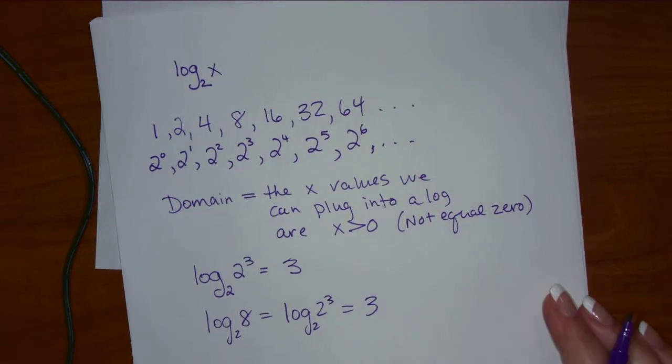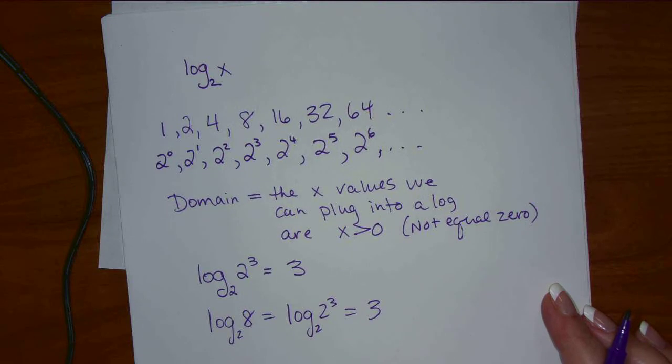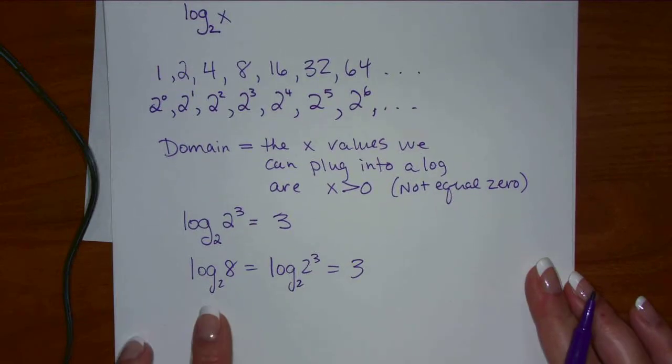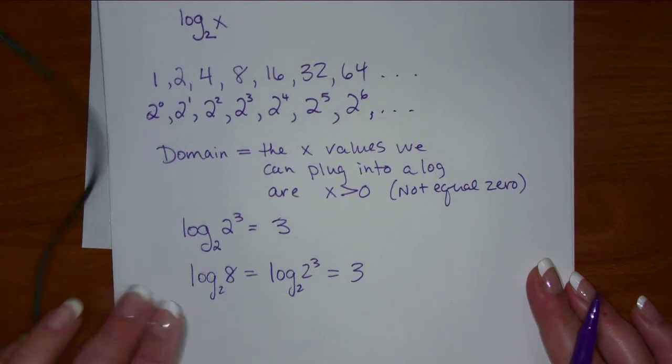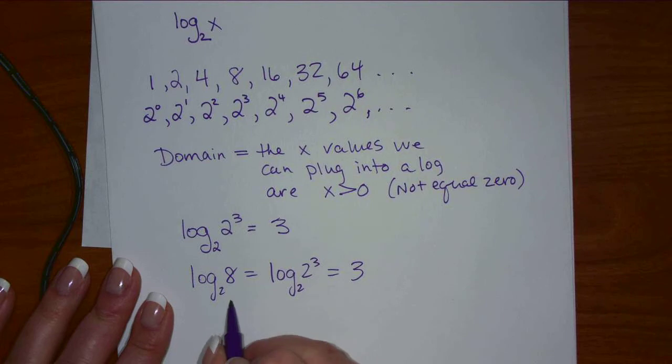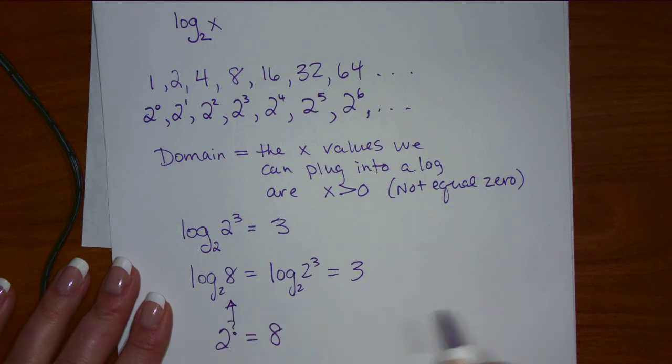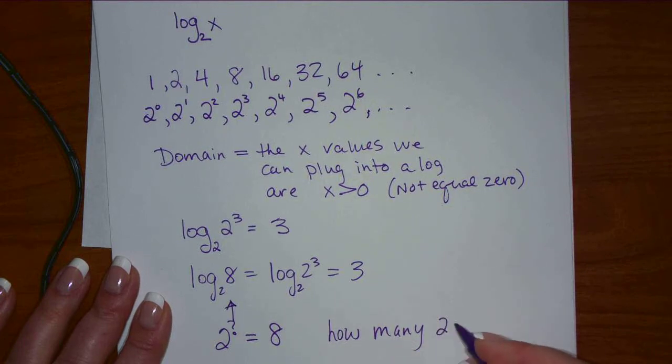So if it's a log base 2, you're saying, how many 2's times by themselves, 2 times 2 times 2, gives us 8. That's what a log is. So you say, 2 to what power equals 8? That's the question. How many 2's multiply together to give 8? And the answer is 3. That's how a log works. Okay, does that make sense?